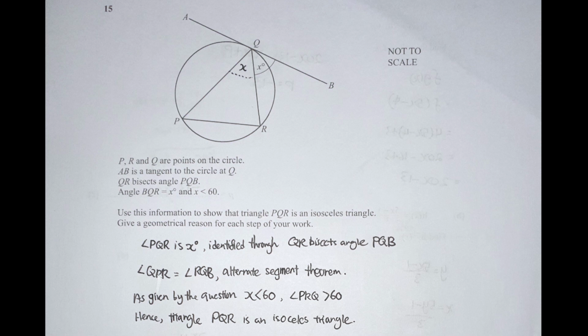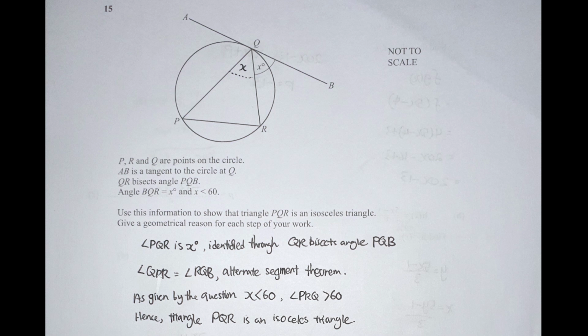If we have an angle of 60 and we draw a line bisecting the angle, it's splitting the 60 into 30 and 30 degrees respectively. So in our case, since our RQB is x, our PQR will also be x. So this is the first information I can get.